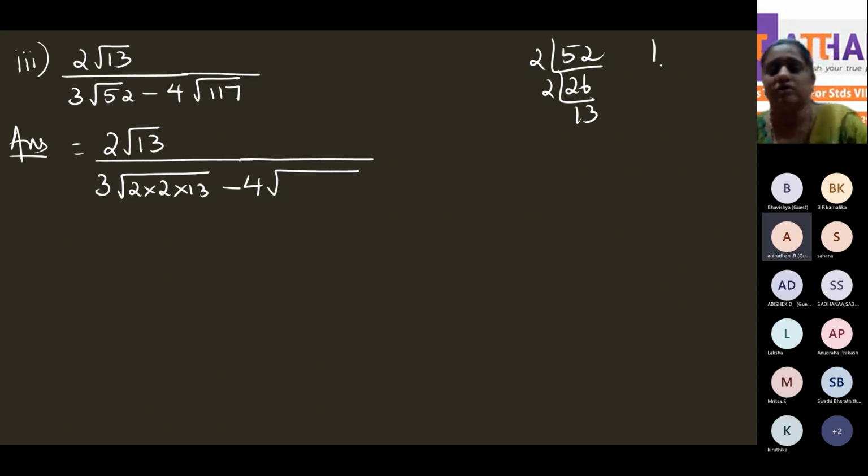Now minus 4 square root of 117. Tell me, is it divisible by 2? No, ma'am. It is divisible by 13. Okay. It's divisible by 3, right? Because 7 plus 1 is 8, 8 plus 1 is 9, test of divisibility.